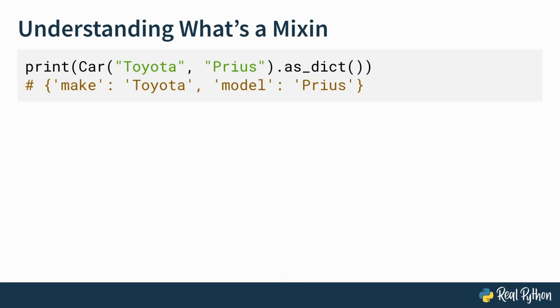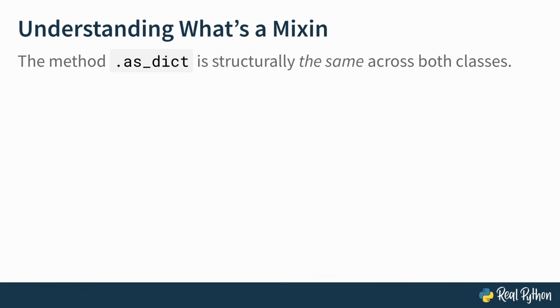Now, something you might have noticed across both the class Person and the class Car is that the method as_dict is structurally the same in both classes. The implementation is not literally the same, the code is slightly different, but the structure of what the method is doing feels pretty much the same.